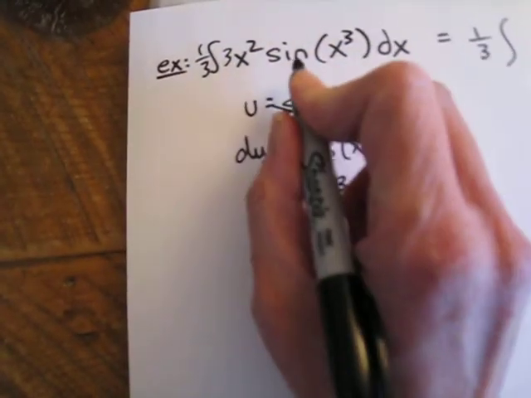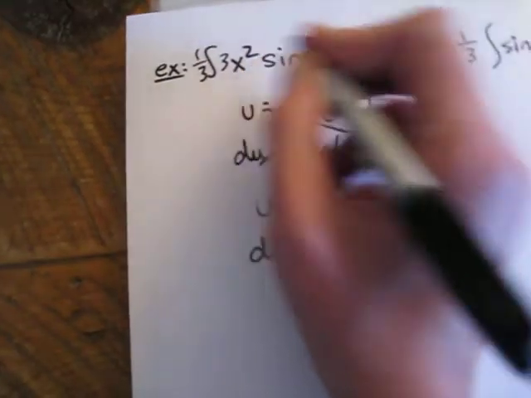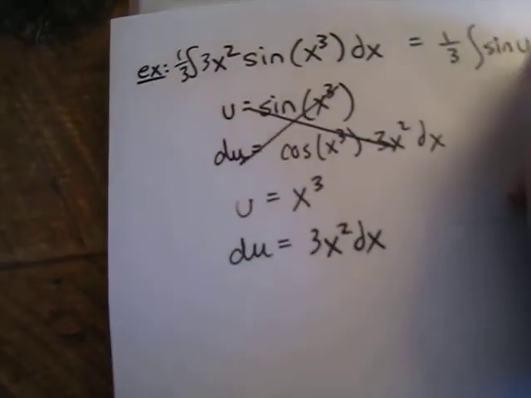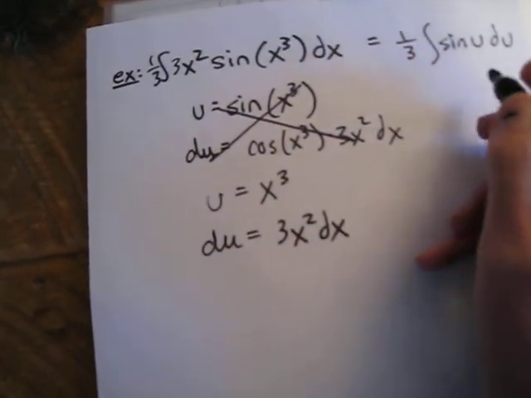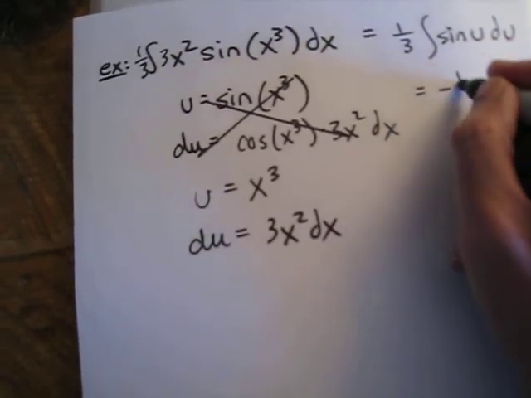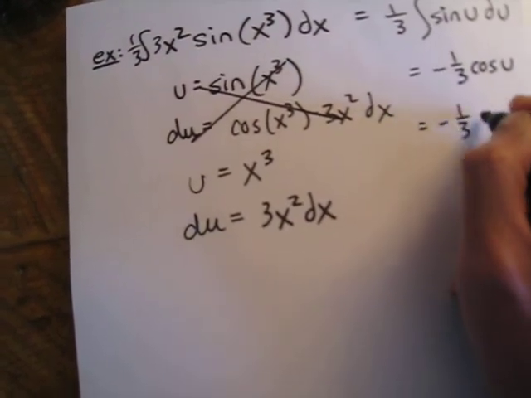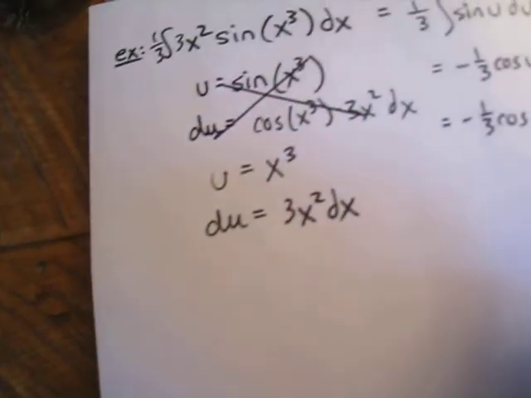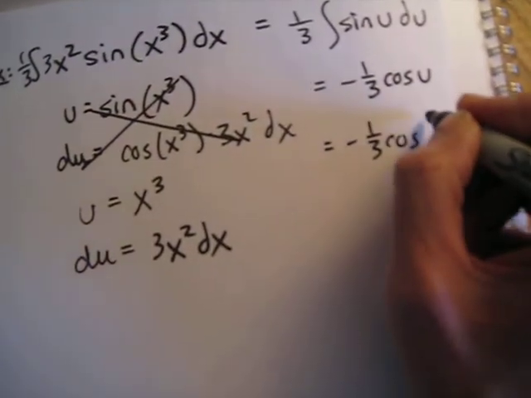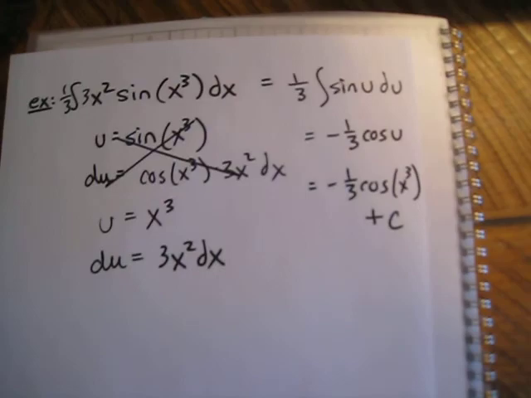This becomes the sine of u, and then 3x squared dx is equal to du. It's okay that the sine is still there because we can integrate sine. We get negative 1/3 cosine of u, and then we put the x cubed in for our u, and so we're going to get negative 1/3 cosine of x cubed, run myself out of space here, plus c. So there you go.